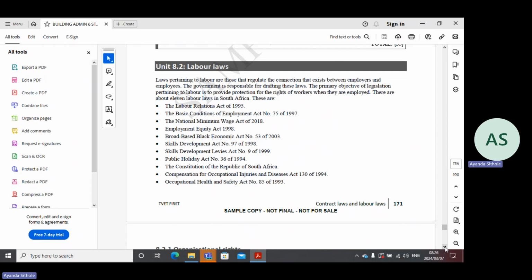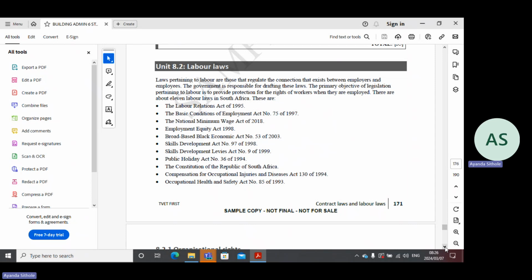This textbook is so helpful. They give you the 11 labor laws, which are the Labor Relations Act, the Basic Conditions of Employment, the National Minimum Wage, Employment Equity, the Broad-Based Black Economic Empowerment Act, the Skills Development Act, the Skills Development Levies Act, the Public Holidays Act, the Constitution of the Republic of South Africa, Compensation for Occupational Injuries and Diseases, and Occupational Health and Safety.